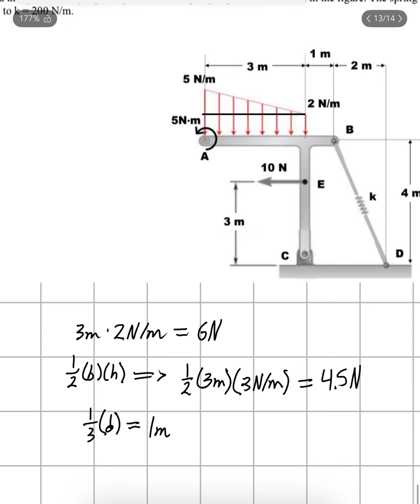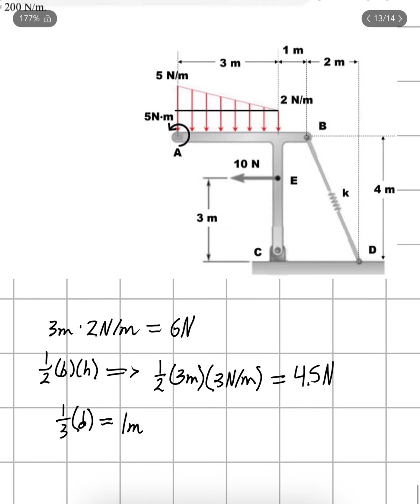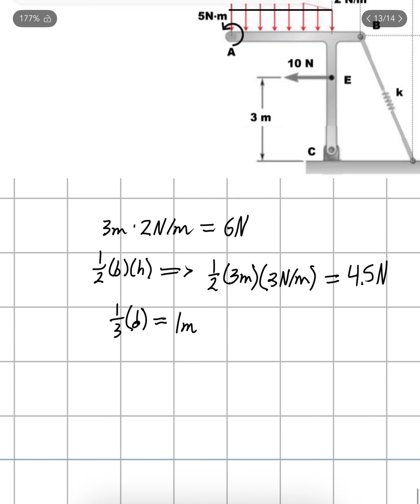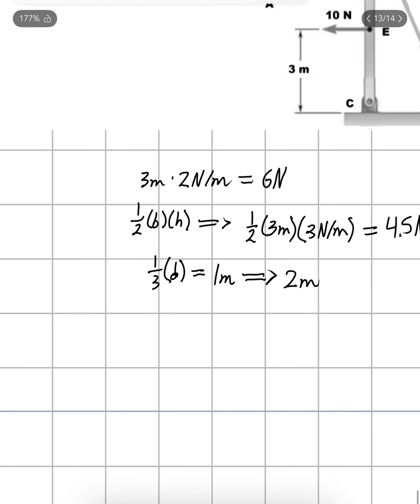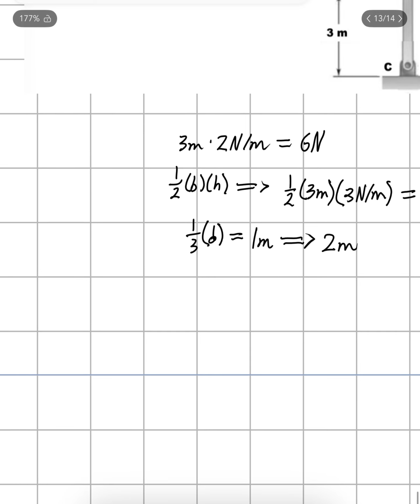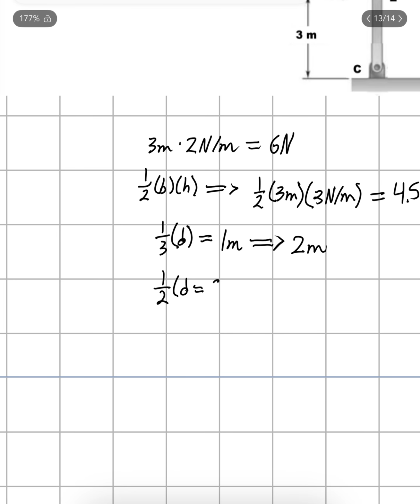However, that would indicate that it is 1 meter away from point A. We want to see in the x direction how far away it is from C. So we can do 3 meters minus 1 meter, which equals 2 meters away from C. The rectangle is much easier. It's just 1/2 times the distance, which equals 1.5 meters.